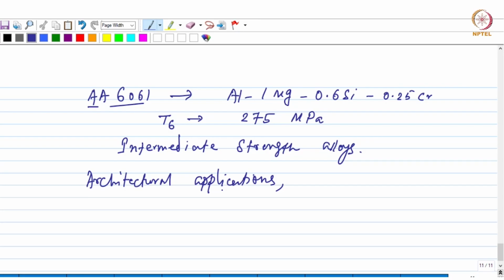Good surface finish is required in this kind of applications. And in order to improve the machinability, sometimes a small amount of lead and bismuth can be added.